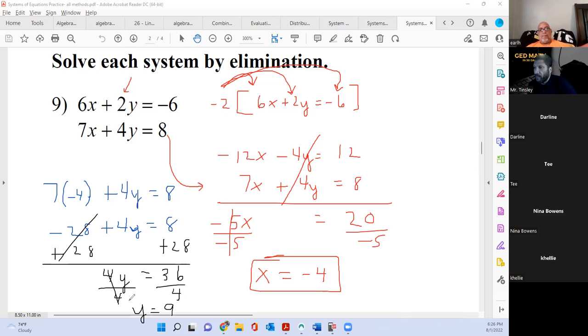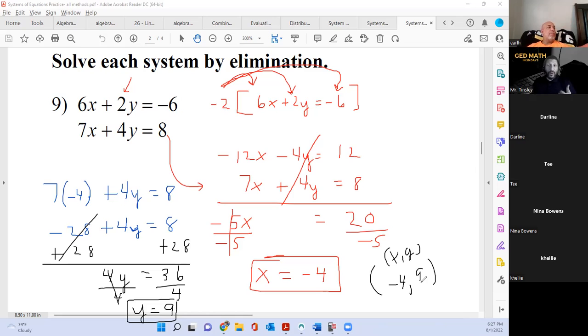Now, our solution to this system of equations is a point, and each point is an ordered pair, so x comma y. Our x is -4, our y is 9. If they asked us what x is, we would say -4. If they asked us what y is, we would say 9. If they asked us for the point or the ordered pair that solves this system of equations, it'd be -4 and 9.